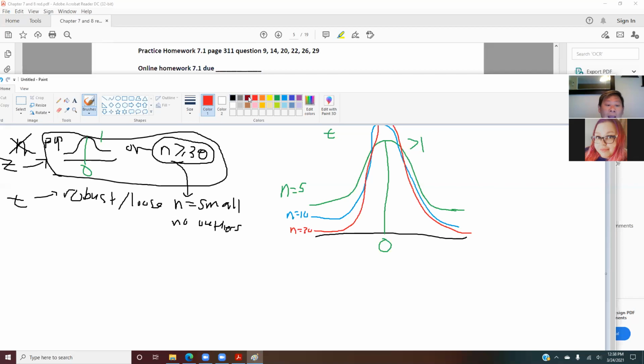And if your N is getting larger and larger, this will not change a lot, but it still goes up. So you still have a smaller tail. But what happens is, when N is getting large, your T will be very similar to your Z. So this is what happens to your T distribution, which is a very important distribution.